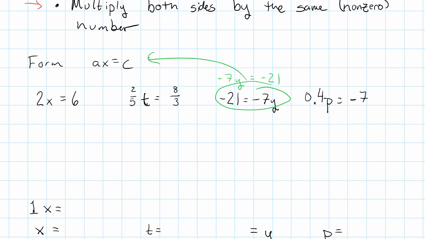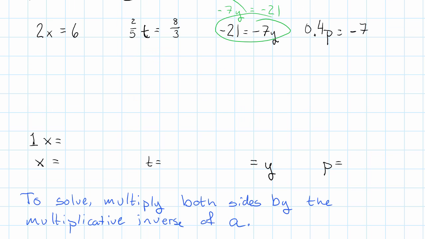Well, we know how to accomplish that. We'd like to multiply 2 by what is it that we call the number that when we multiply it by 2 we get 1? The multiplicative inverse. We'd like to multiply both sides by the multiplicative inverse of this coefficient.